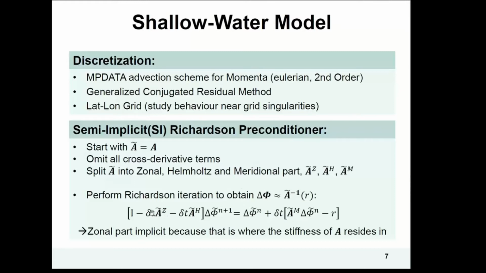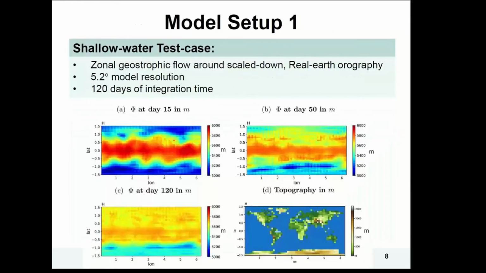And you see here that the zonal part and the Helmholtz part is actually done implicit. So for this Richardson iteration, it has the time index n+1. And the reason we're doing this is that the zonal part is where the stiffness of the matrix resides in a latitude-longitude grid. And this will speed up the linear solver quite a bit.